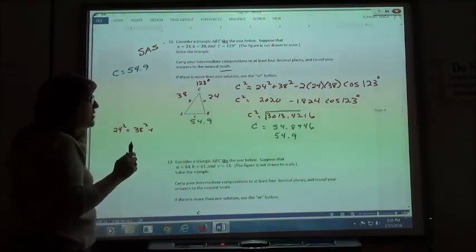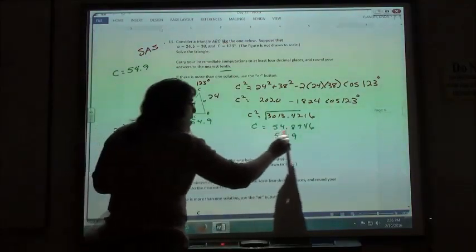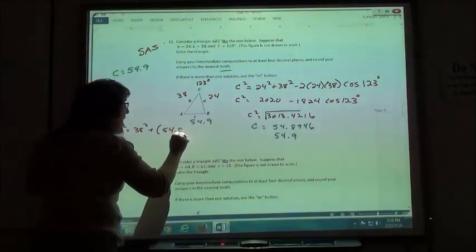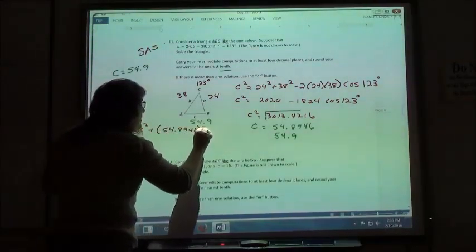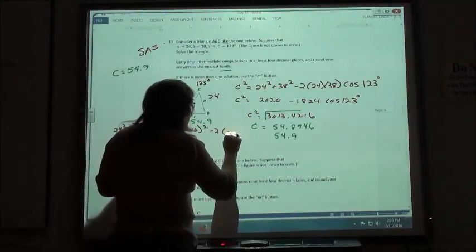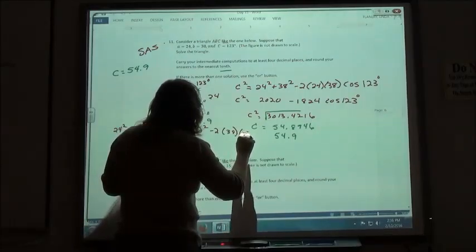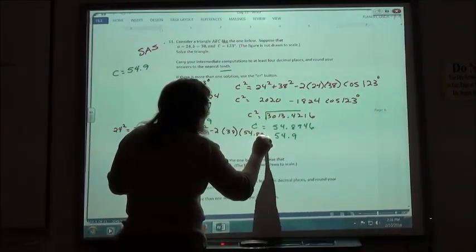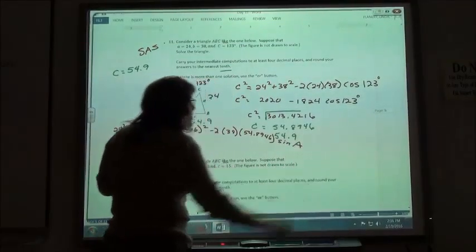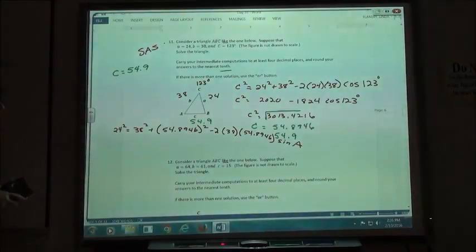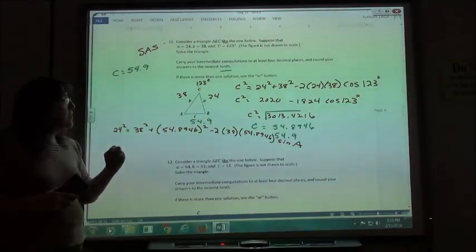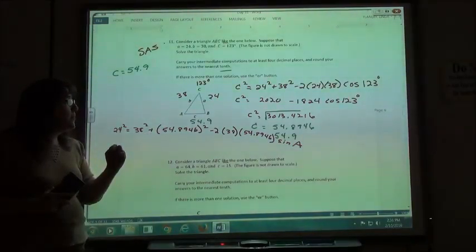Now be careful on this one again. We don't want to round that number off, so make sure you use the 54.8946 squared minus 2 times 38 times our 54.8946 cosine of A, smooshing that all in there. So again, your intermediate computation should be to at least 4 decimal places.